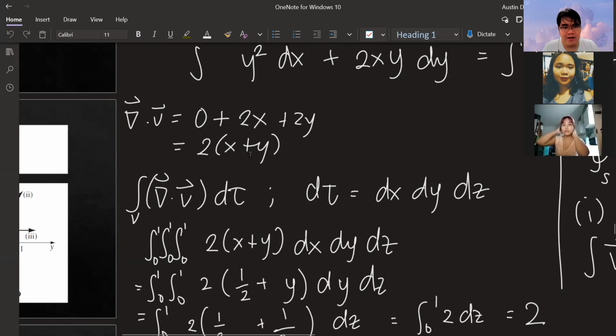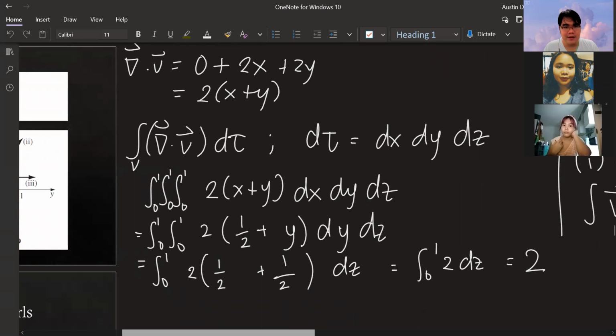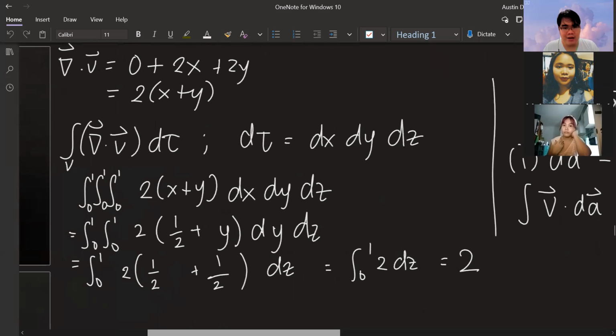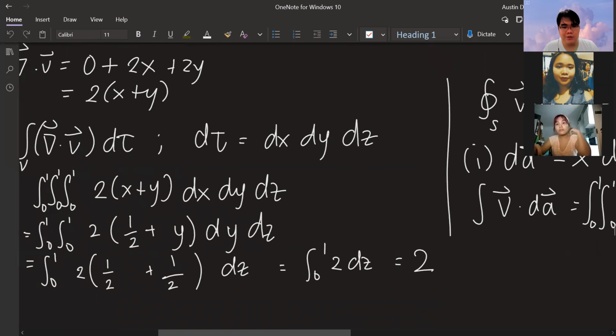And then you'll have to integrate all over the volume, which is d tau. Then yung d tau mo, i-expand mo lang depending sa coordinate system mo. And sa coordinate system natin, madali lang kasi Cartesian. So dx times dy times dz. And then you evaluate that integral, bumalik tayo sa value na 2.